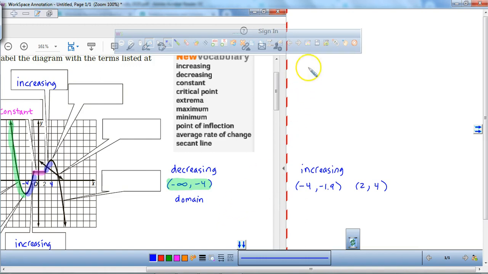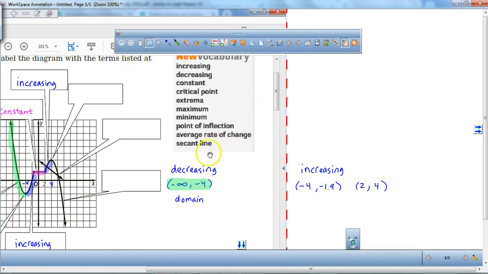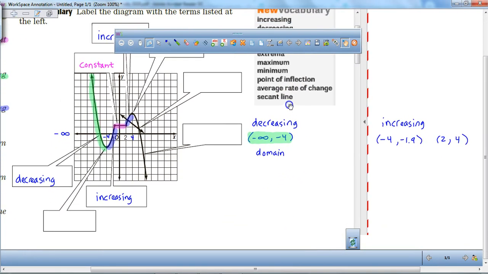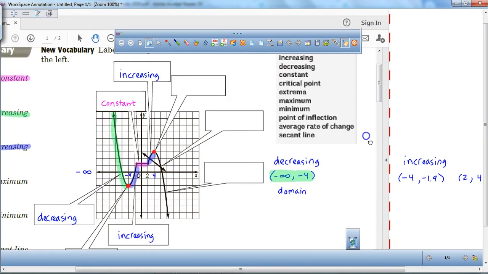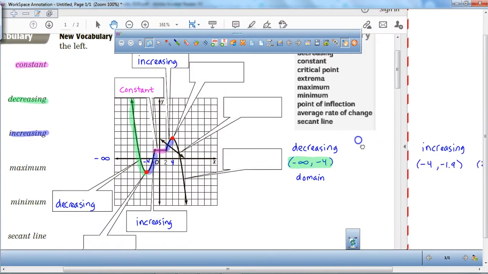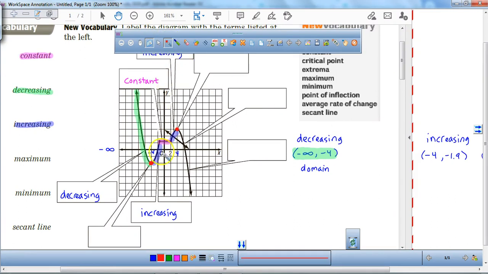All right. And then we have a couple of points here that we need to take a look at. I know I kind of skipped over this. See that point right there, and this point right there? Those are turning points, critical points in the graph. Those points, we're going to refer to as a relative minimum.